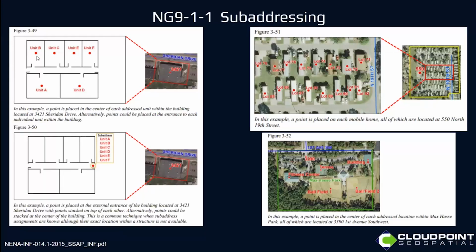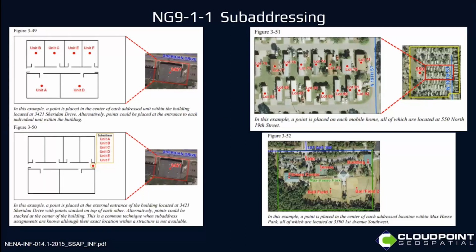Another option, equally valid, it's up to the responding agency or the client that we're making this data for, or in consultation with, is to put the sub addresses at the entrance where that unit is accessible. This is obviously a bit more unified, so we have stacked units in a singular doorway. You could also move these points to the doorway of each unit for another access option.